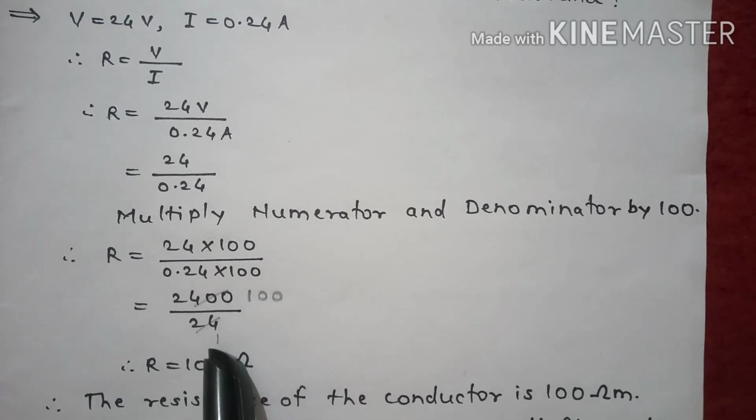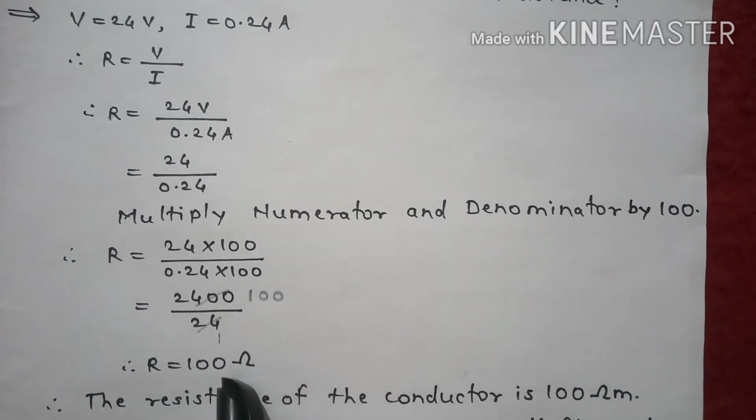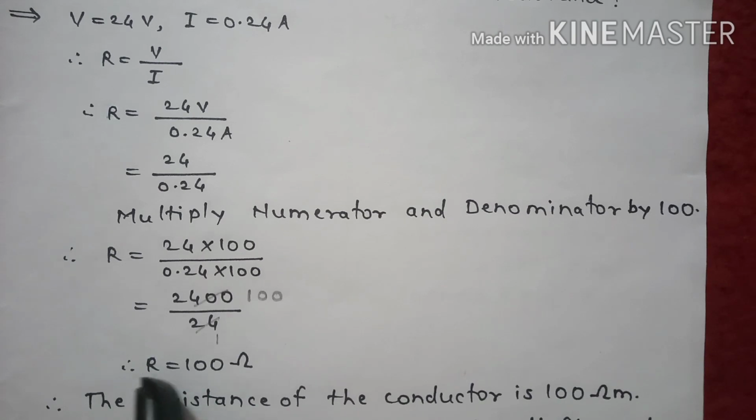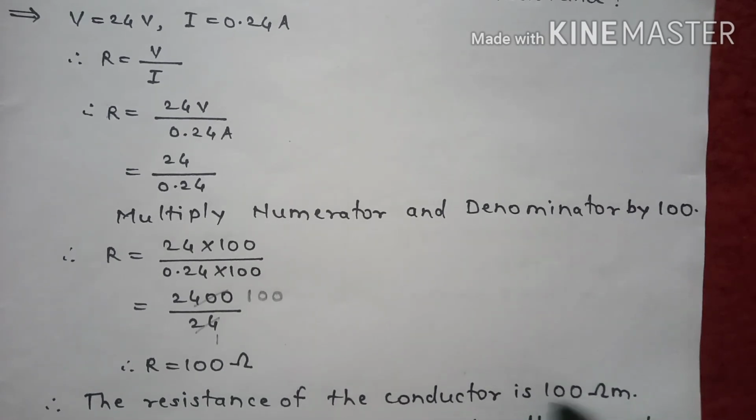Now here we will directly divide 2400 by 24, that is 24 ones are 24. So the answer will be 100 ohm, that is the resistance. So in words we can write: the resistance of the conductor is 100 ohm.